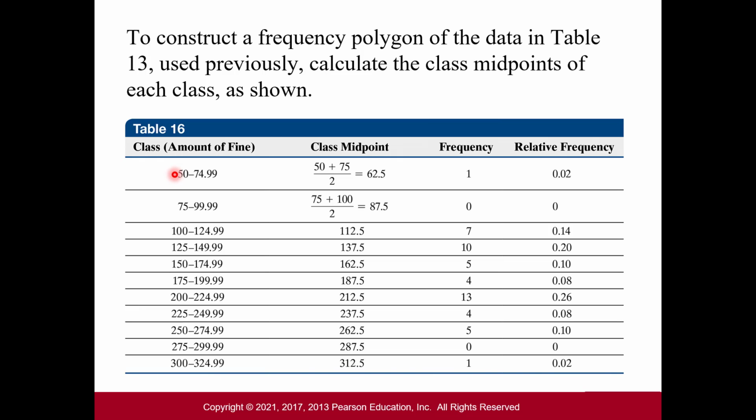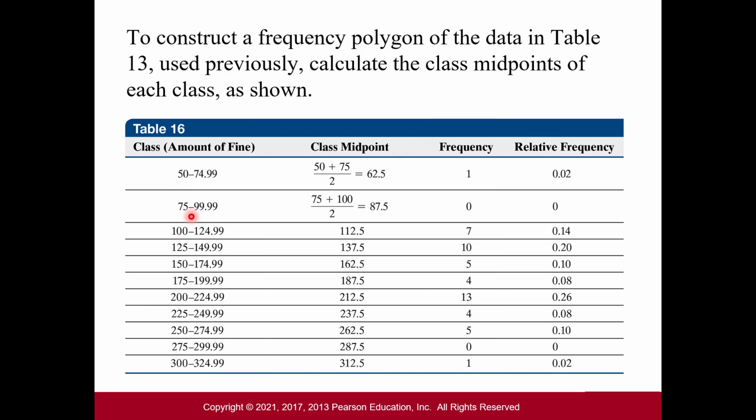From 50 to 75, you add those up. The sum of the two lower limits, 50 plus 75, divided by 2, so the midpoint of this class would be 62.5.